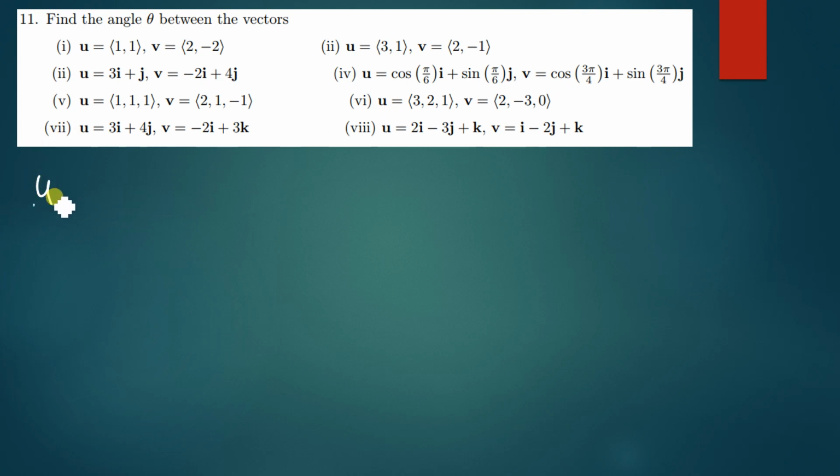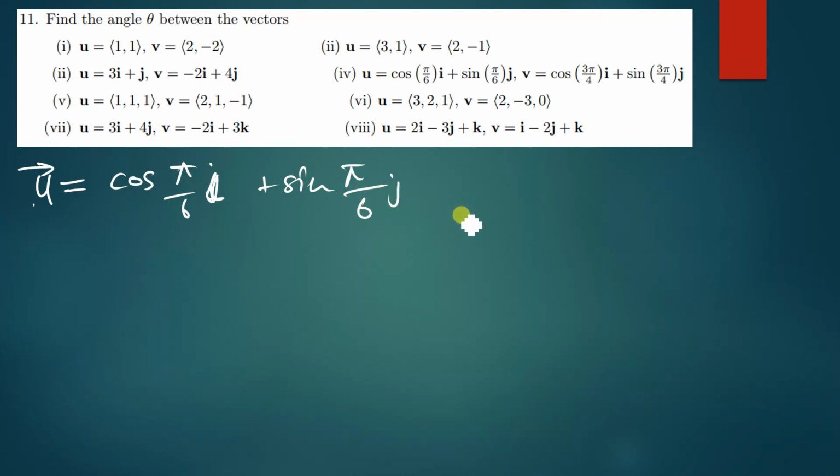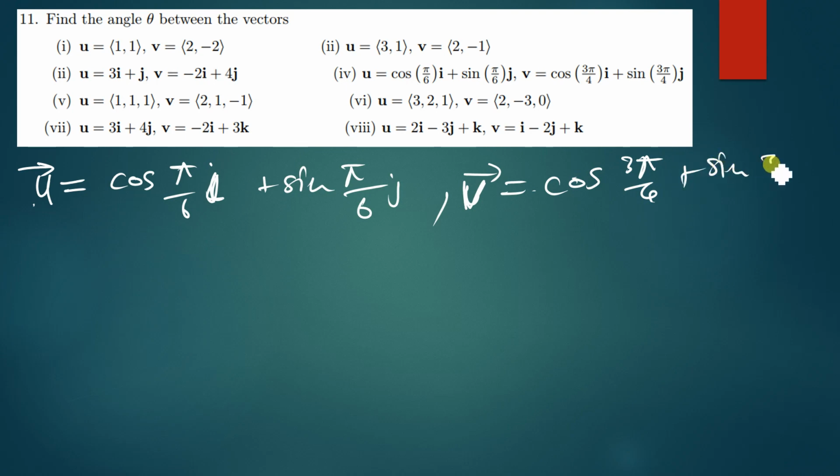So we have u there, u is equal to cos pi over 6 i, then plus sine pi over 6 j. And then the vector v is cos 3 pi over 4 i plus sine 3 pi over 4 j.